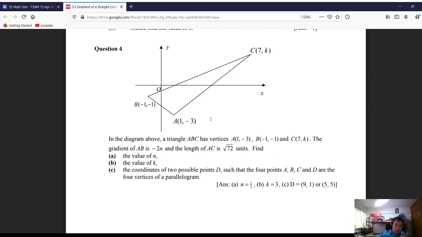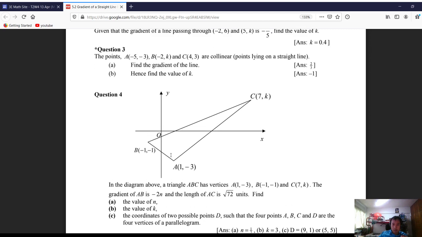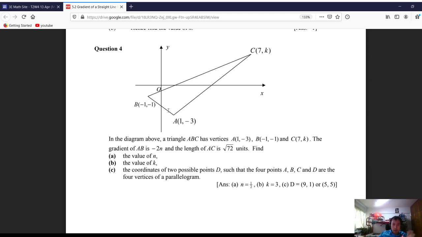Vertices just means the endpoints, okay? And we want to find the value of n. The gradient of AB is -2n. So this is simple. Just find the gradient of AB and equate it to 2n. Okay, I'll write the points down now.